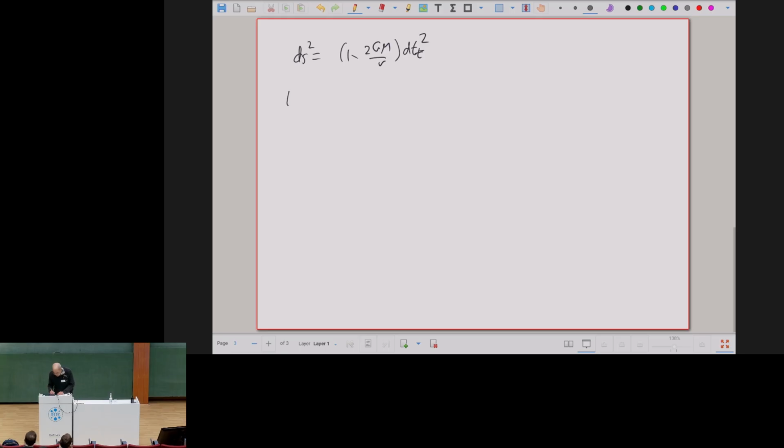I'm going to take the symmetry TE going to minus TE and look at the fixed point set of that symmetry. But you have to remember that TE is a periodic variable with period 8 pi GM. So the fixed point set is really that TE is 0 or 4 pi GM.